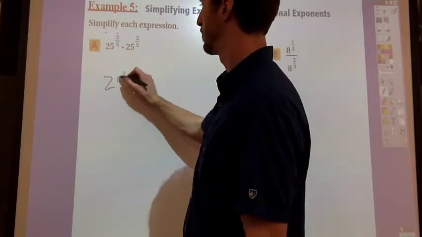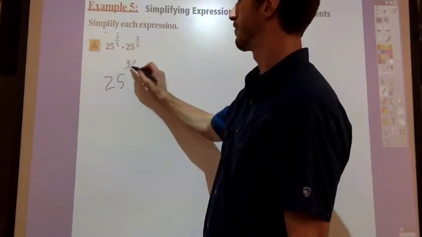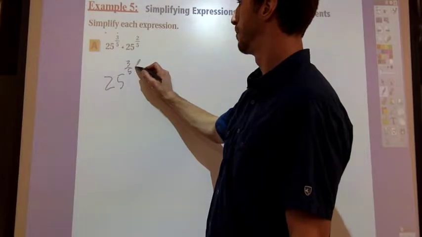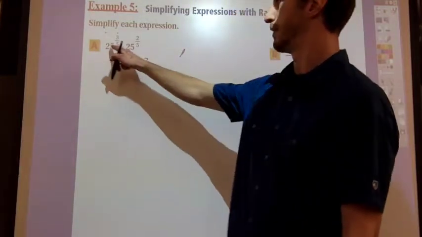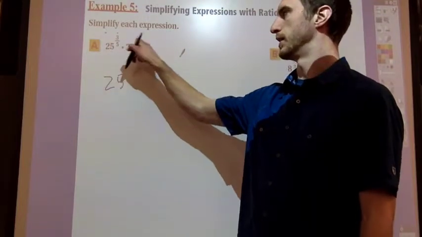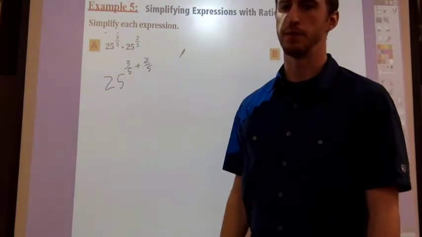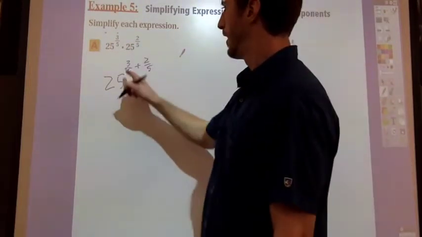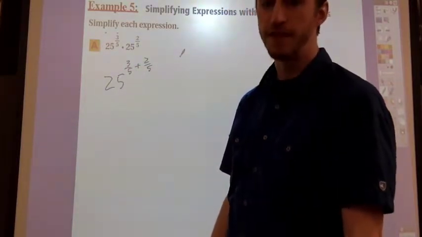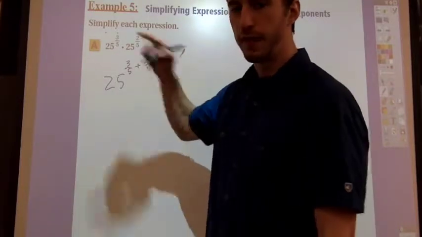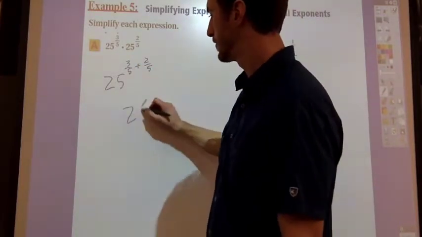So this becomes 25 raised to the 3/5 plus 2/5. They multiply, so we can just add the exponents. That's the exponent property. And 3/5 plus 2/5 equals 5/5. So 5/5 is 1, so your answer is just 25.